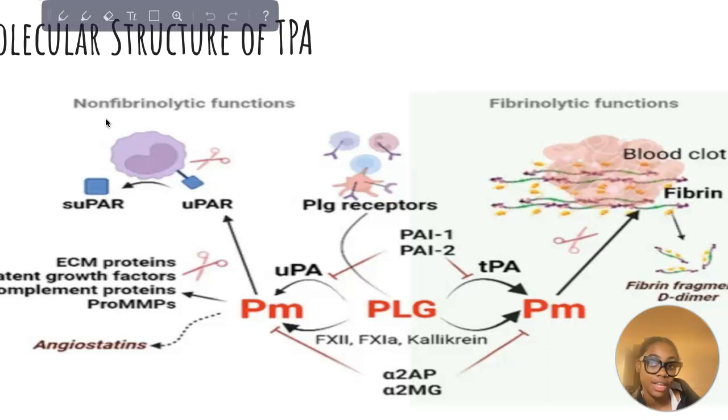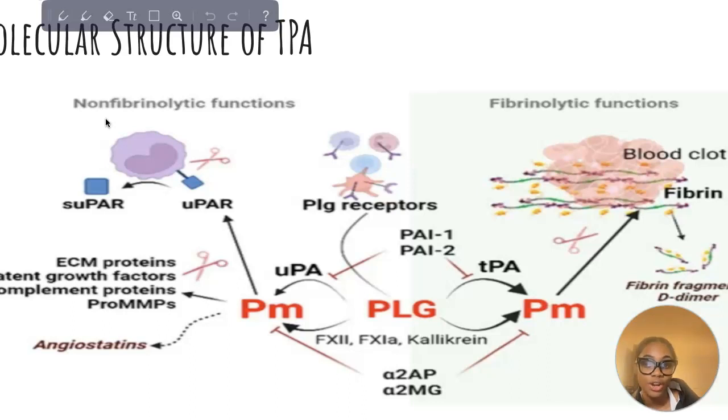The structure of TPA allows it to bind to plasminogen, triggering a conformational change in the latter. This activation transforms plasminogen into its active form, plasmin, which acts as a potent protease. Plasmin, in turn, targets and degrades fibrin, the structural component of blood clots, leading to their efficient dissolution.